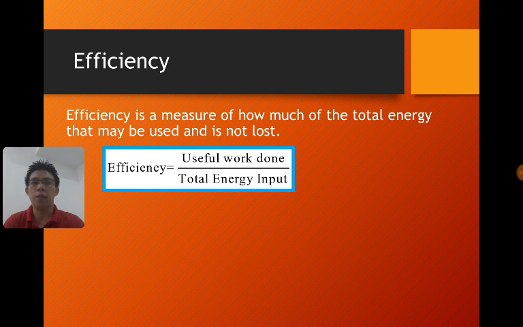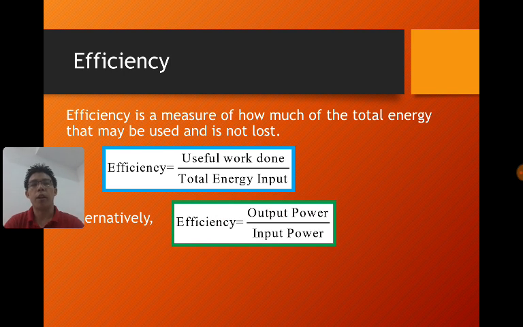The rest of the energy, for example the heat energy and the sound, is the unwanted amount, and of course we want to avoid that and keep it to a minimum. Then we can say that the efficiency of the engine is high. Alternatively, it can also be defined as output power divided by input power.